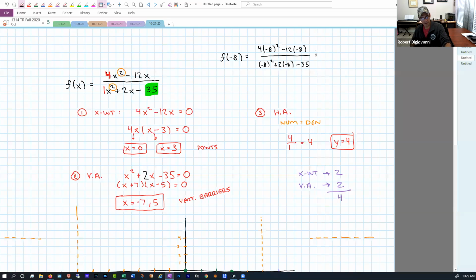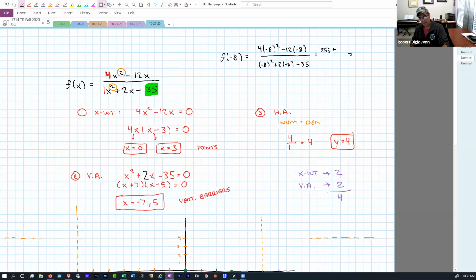And then I'd have to figure that out. So 8 squared is 64. 64 times 4, what's 64 times 4? 256. 256 minus, but that's a minus, that's plus.